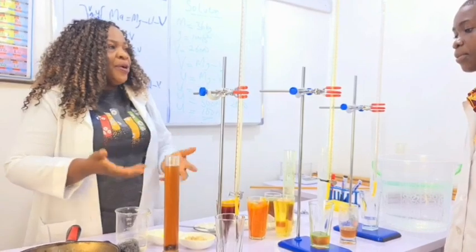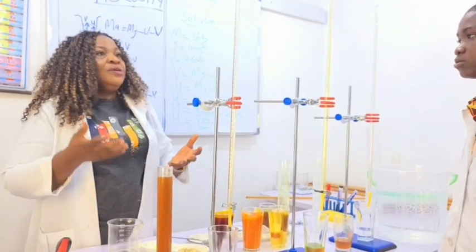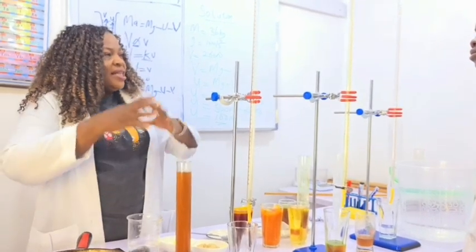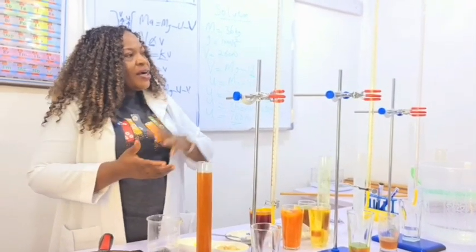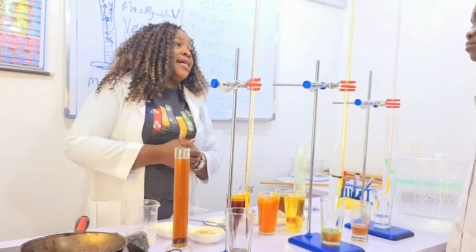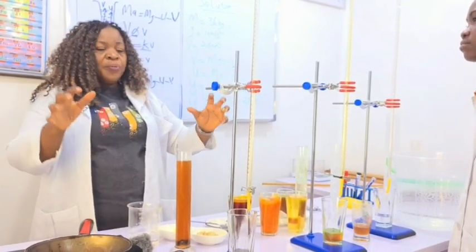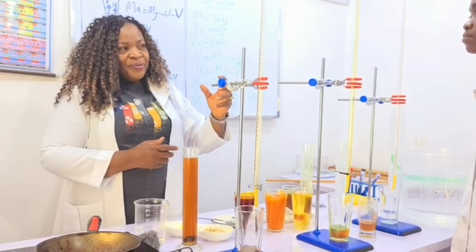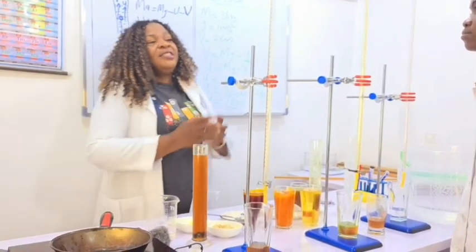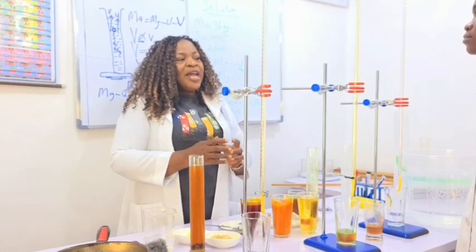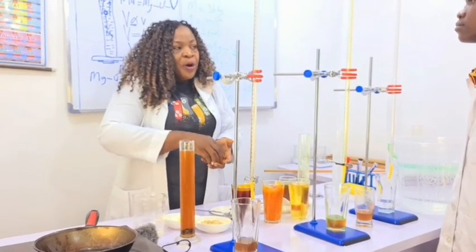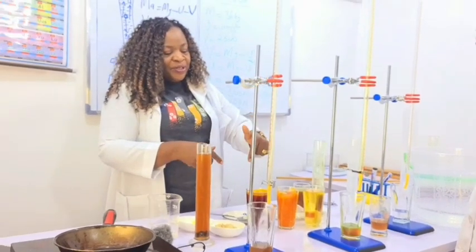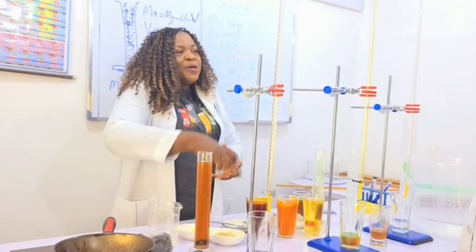Now what about pressure? When you add pressure to a liquid or gas, let's look at gas. When you compress gas, you have increased the pressure, and then you have made them become more viscous.